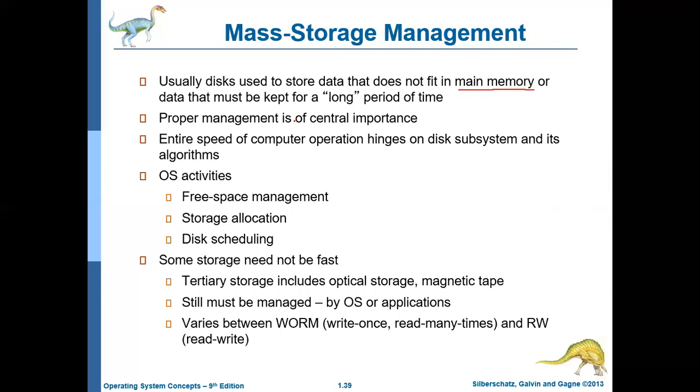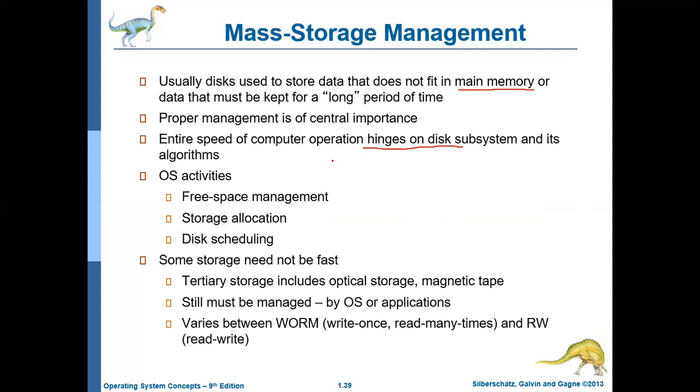These mass storage devices are also maintained by the operating system. And the speed of these devices also affects the performance of the system. If the mass storage devices work at a greater speed, obviously it will increase the system performance.